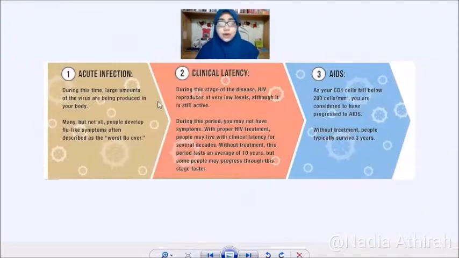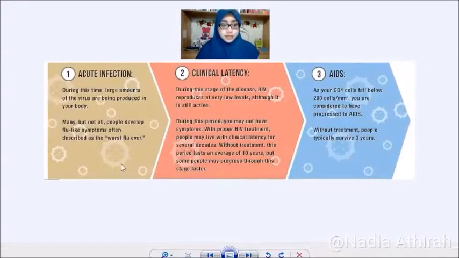The acute infection generally develops within 2 to 4 weeks after a person has been infected with HIV. During this time, some people might have flu-like symptoms, for example headache, fever, and rash. HIV starts to multiply rapidly and spread throughout the body, and the virus will start to attack and destroy the infection-fighting CD4 cells of the immune system.